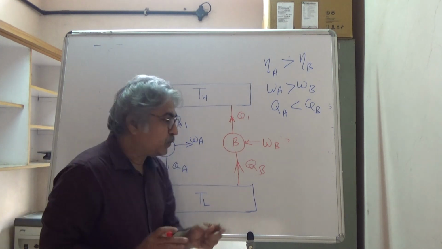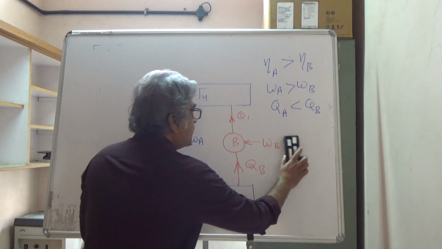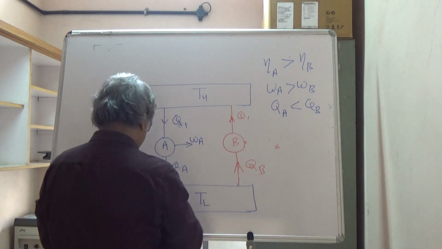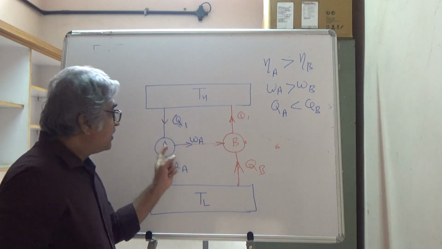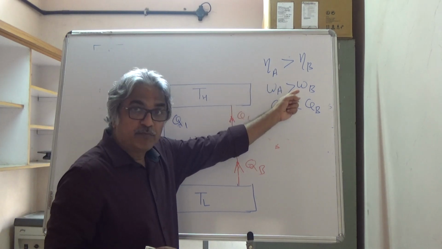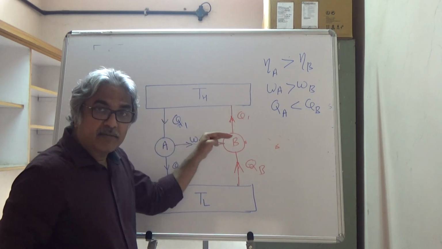So what can we do? We can couple this engine and pump. So I am removing WB from here. I am just directly coupling it over here, right? So this is coupled. So WA is given to this. WA is greater than WB. So this pump requires WB, but you are supplying WA.